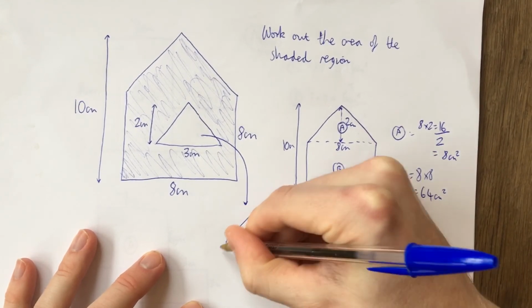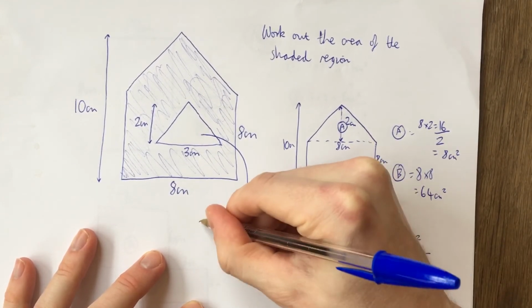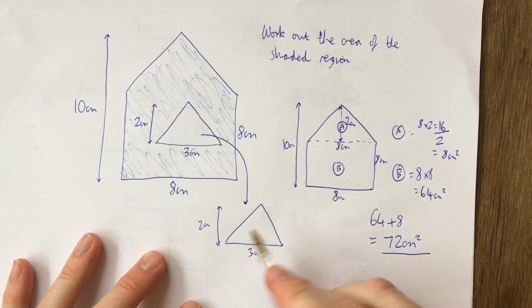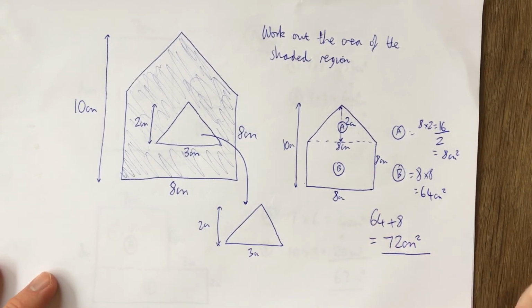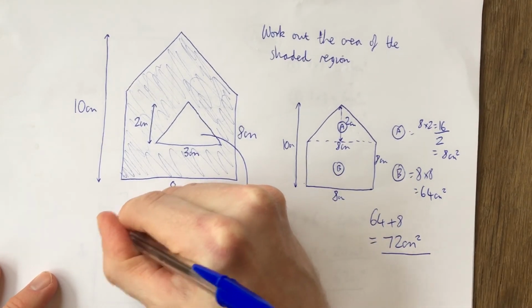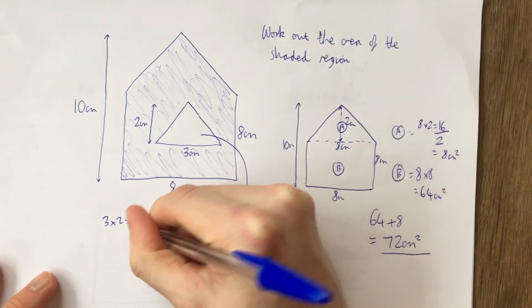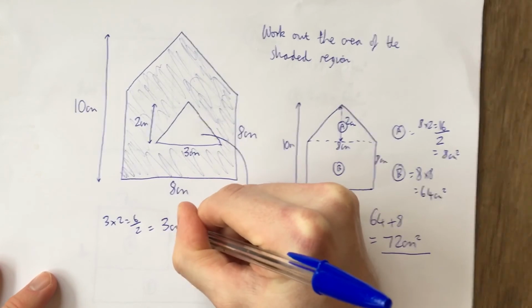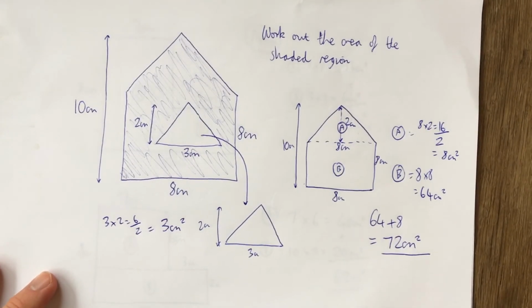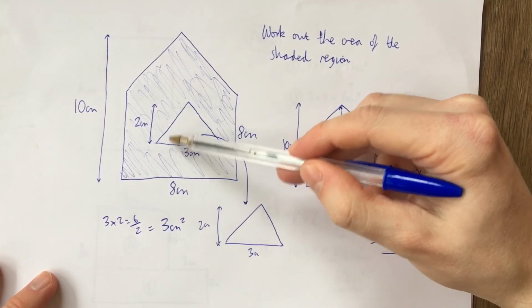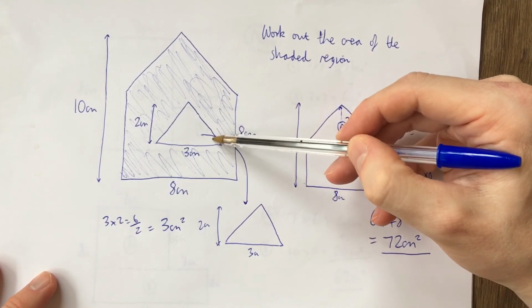3 centimetres, and it's told us that the height is 2 centimetres. So therefore, to get the area of the triangle, I do base times height divided by 2. So 3 times 2 divided by 2. 3 times 2 equals 6, and then divide that by 2 is 3 centimetres squared. So you've worked out that the area of this triangle is 3 centimetres squared.